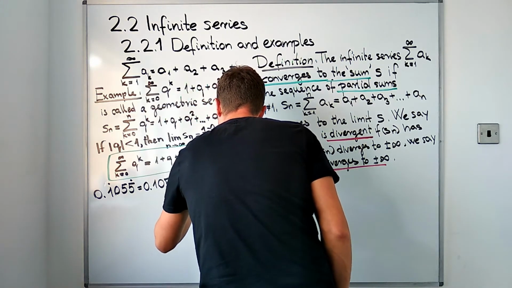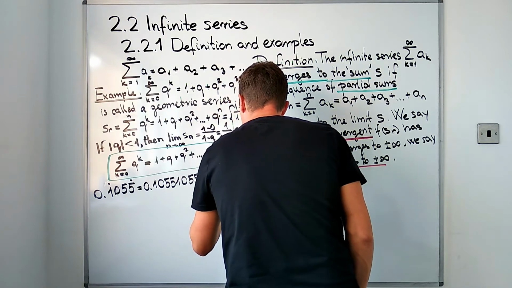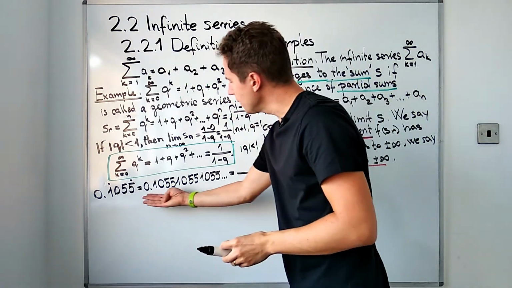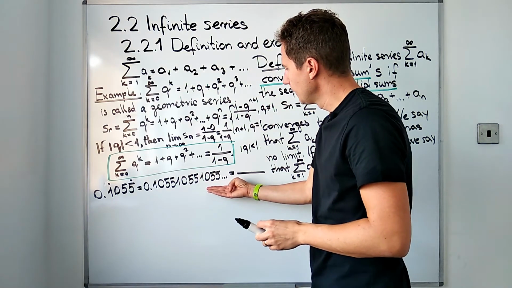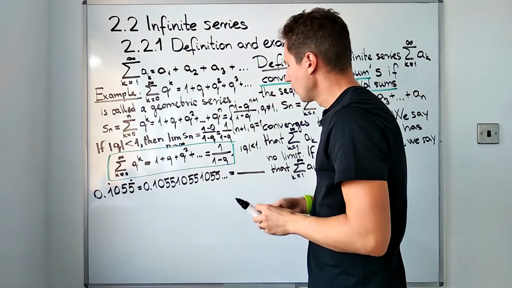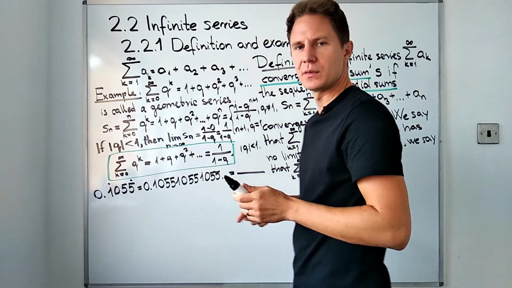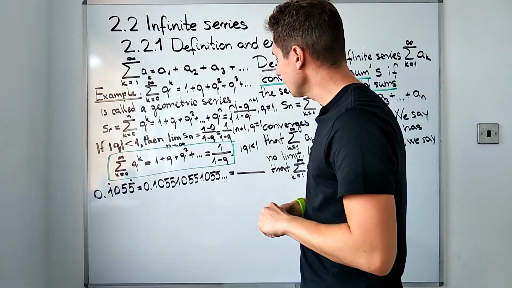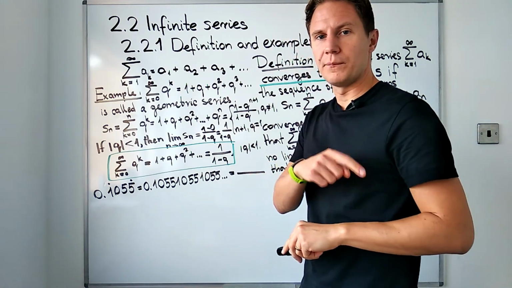And I want you to express this number as the ratio of two integers. So I want you to turn this infinitely repeating decimal into a fraction of two integers. Okay, pause the video, think about it, and if you can figure it out, enter your fraction in the box below.